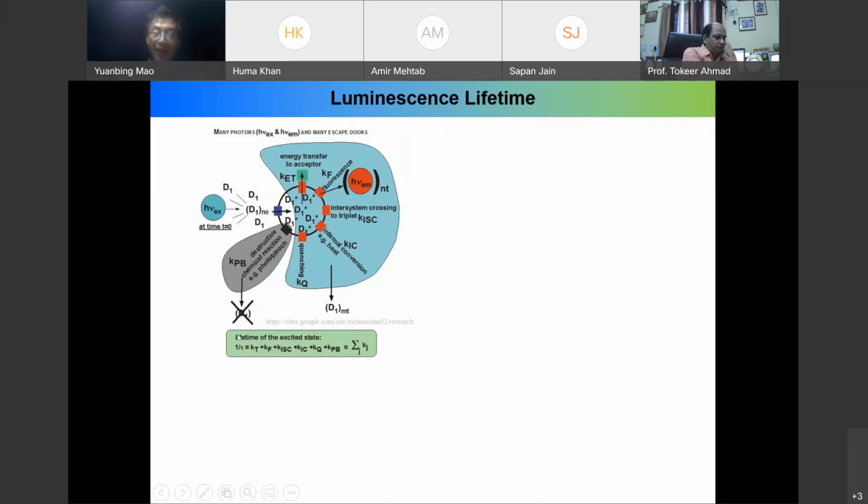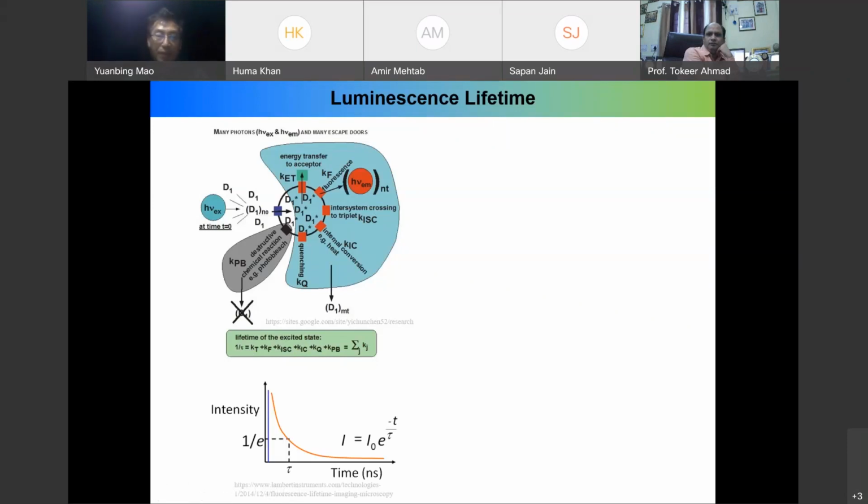In general, the lifetime of the excited state will be equal to all these terms together, all these processes together. That's what we want to try to understand about the materials. It depends on the decay time, in a certain time range.